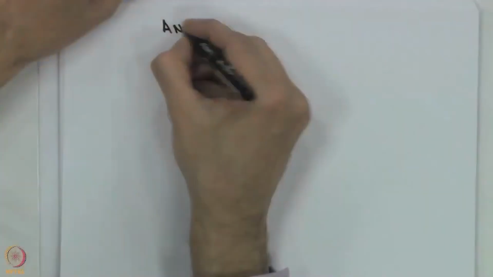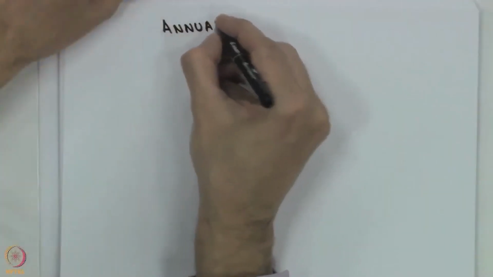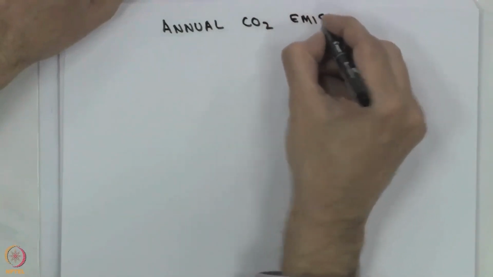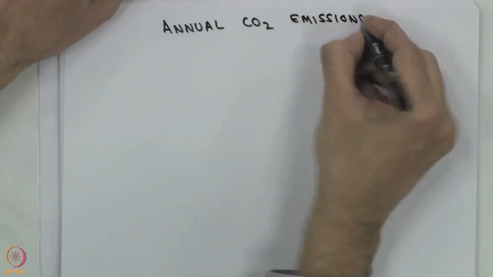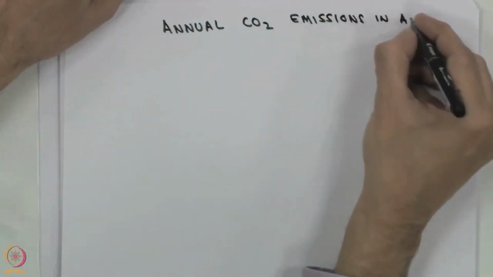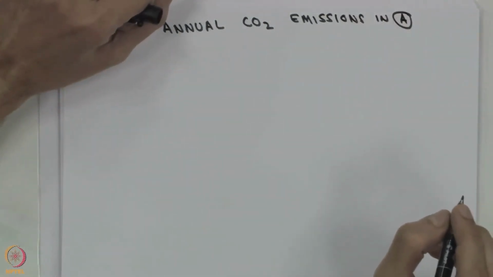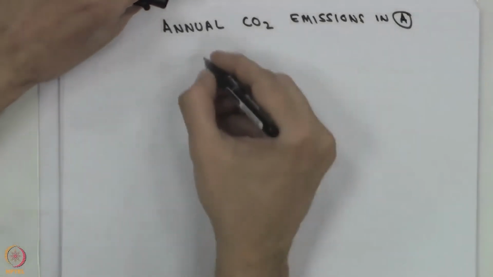So, let us calculate now how much CO2 we are saving. We want to calculate the annual CO2 emissions in case A. Case A uses diesel, and we have calculated already the amount of diesel that we are using.